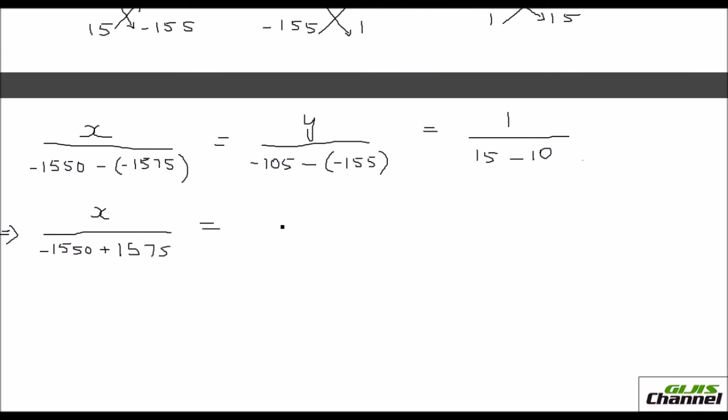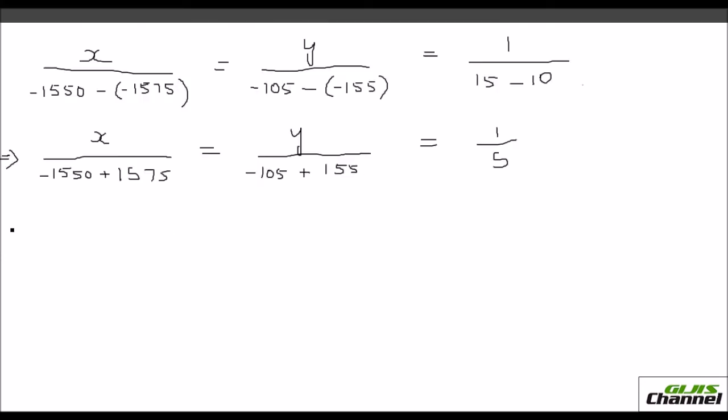Same way do it for y, equals, this side it is 1 over 5, right? So solve this. So you would get x over 25 equals y over 50 equals 1 over 5.